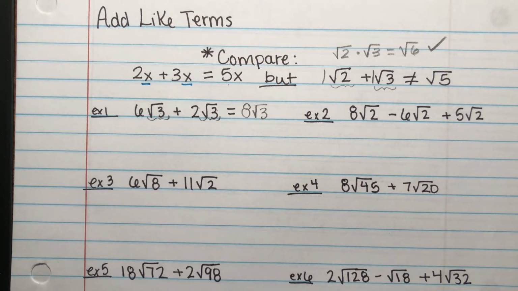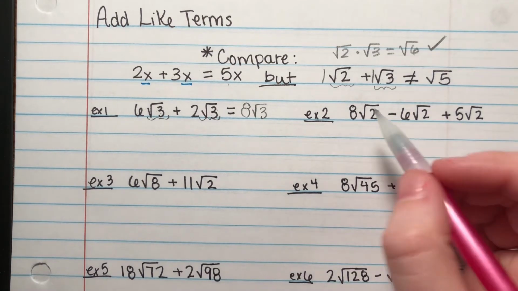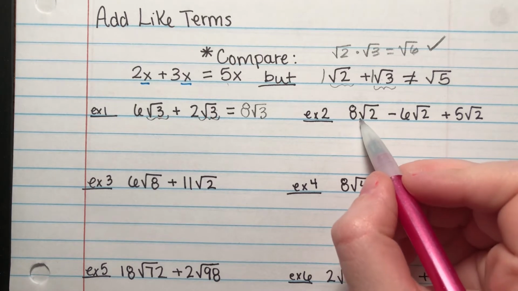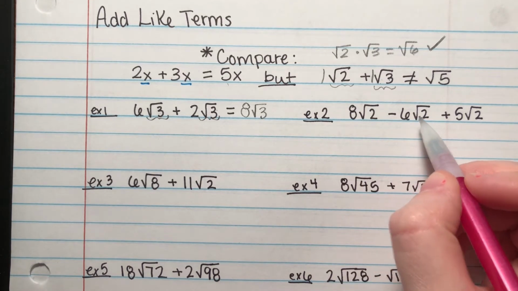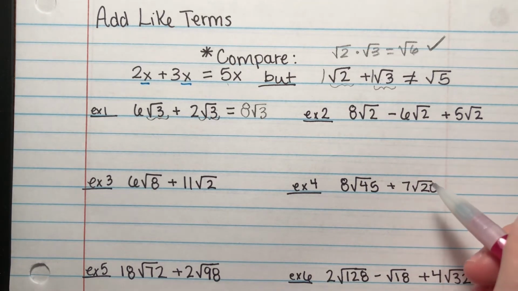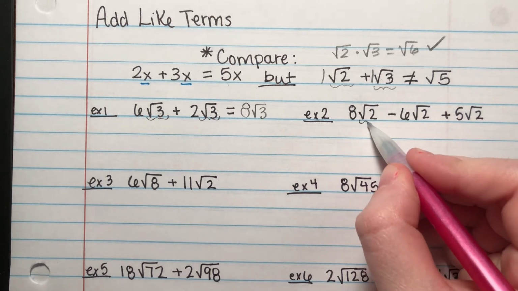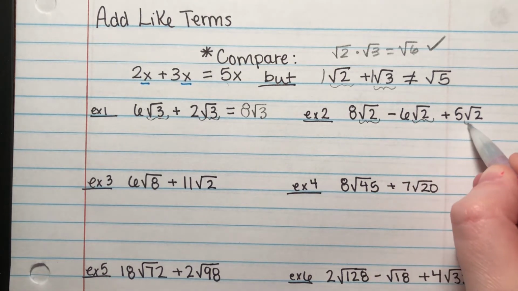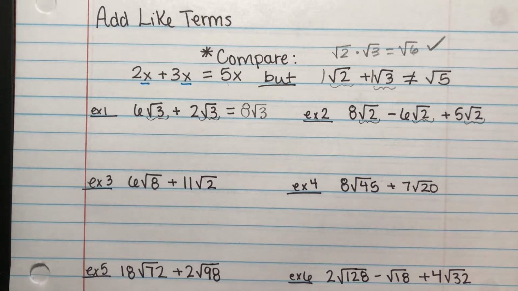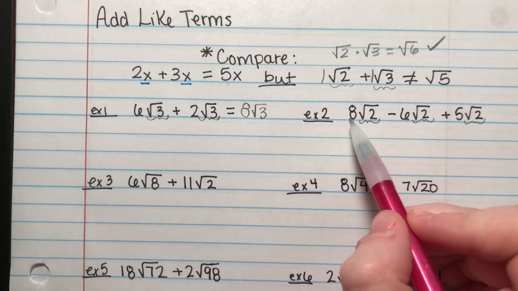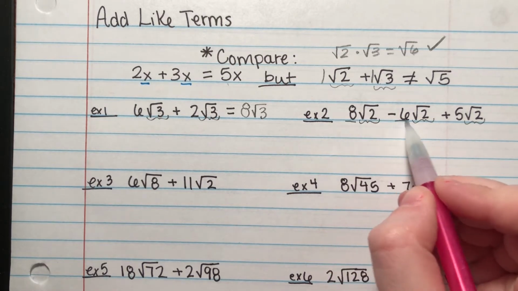All right, let's look at example 2 here. So I have 8 square root of 2 minus 6 square root of 2 plus 5 square root of 2. Do I have the same radical for each expression? I do, square root of 2. So I can go ahead and deal with these. I'm just looking at the coefficients.